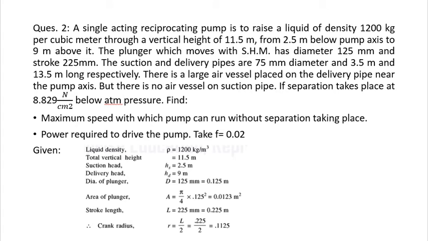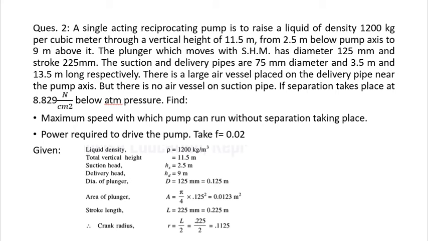The next question is: a single acting reciprocating pump is to raise a liquid of density 1200 kg per cubic meter through a vertical height of 11.5 meter, from 2.5 meter below the pump axis to 9 meter above it. The plunger, which moves with simple harmonic motion, has diameter 125 mm and stroke length 225 mm.